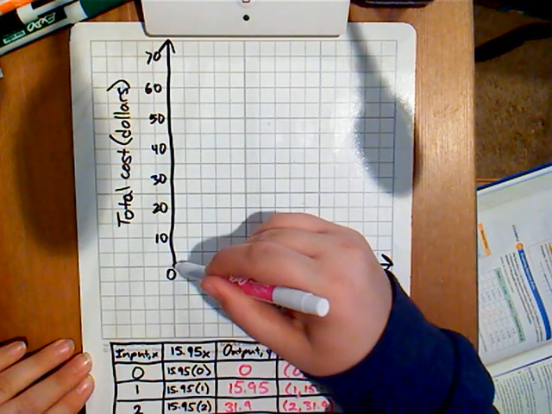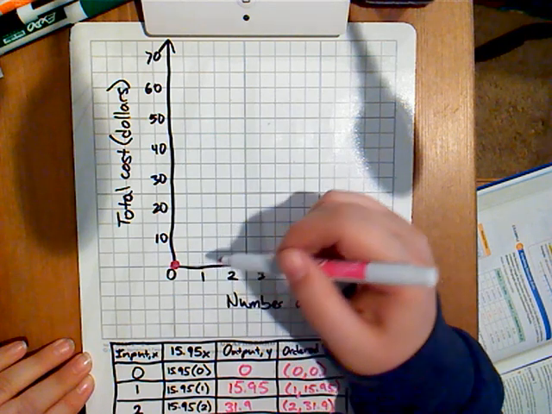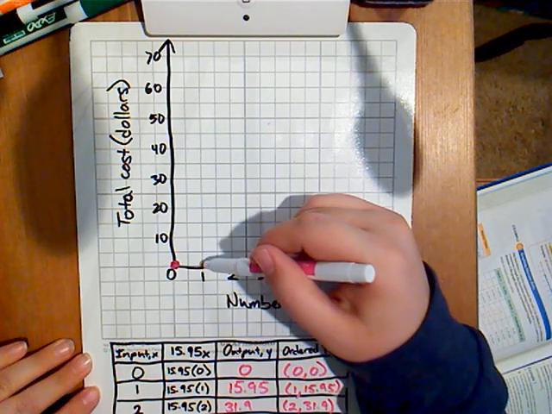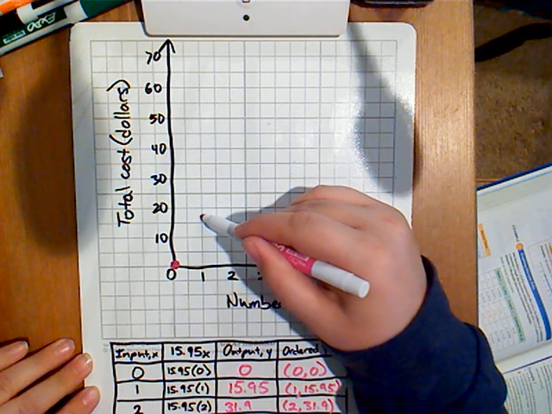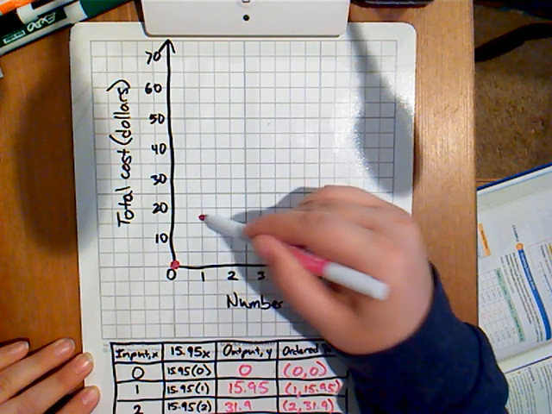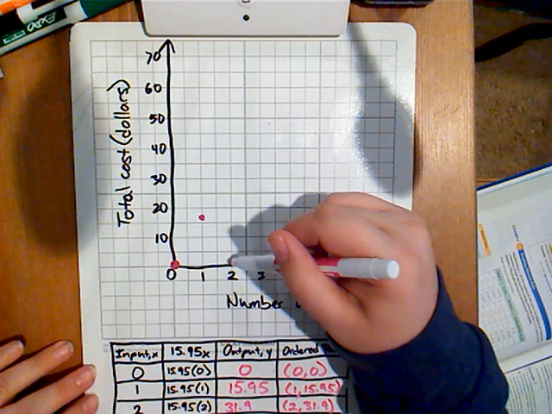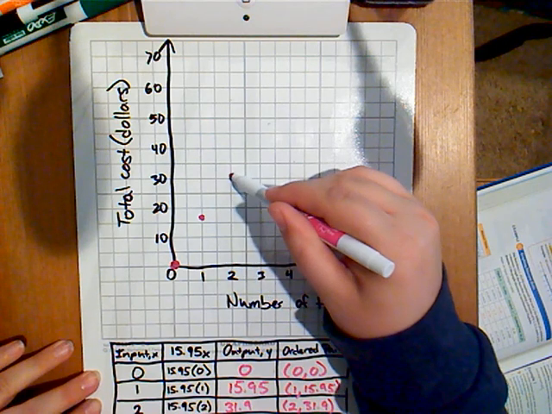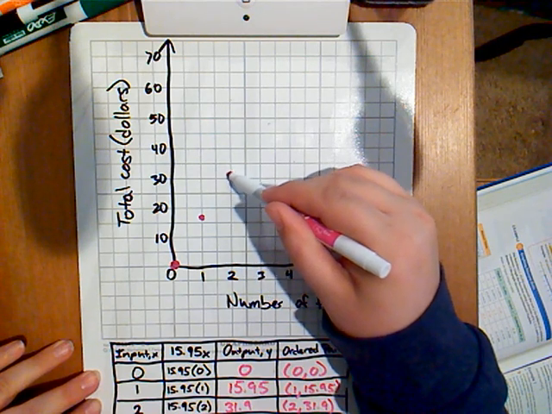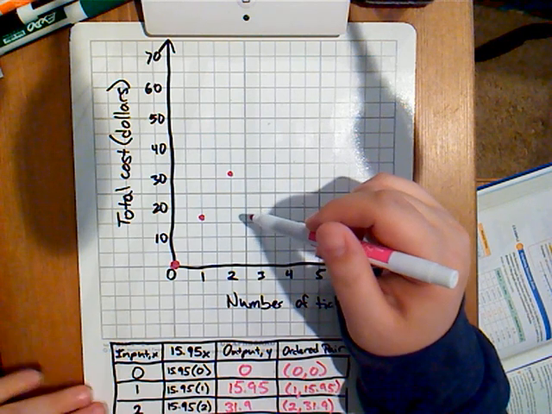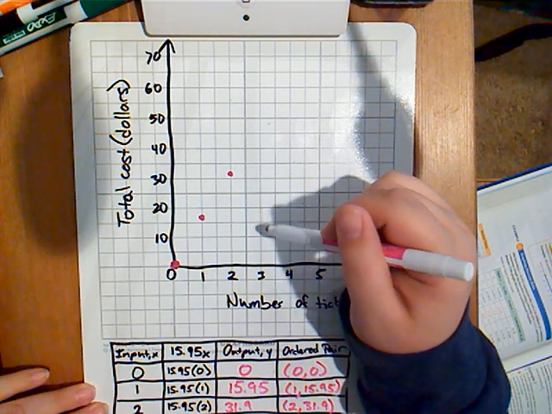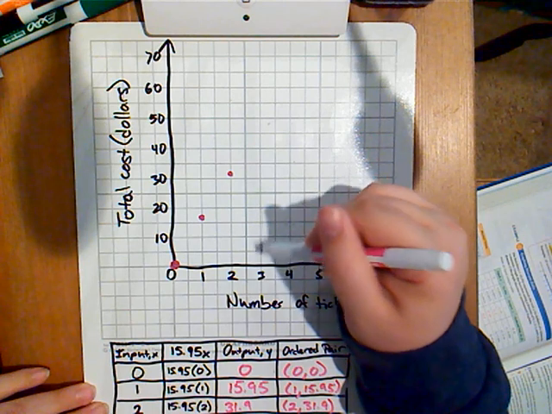Okay, we know we have 0, 0, so we've got a point there. 1, 15.95, somewhere right there. 2, 31.9, somewhere there. 3, 47.85.